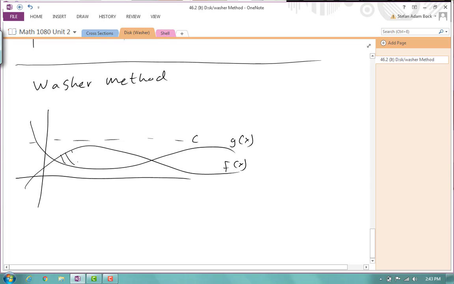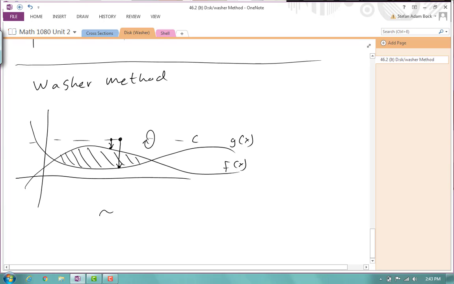And I want the area between the two revolved around the axis c. Then what I have to do is find out what the outside radius is and what the inside radius is. It's important to work away from the axis of revolution, so I always start the line there and find out how far I go to get to the radius.